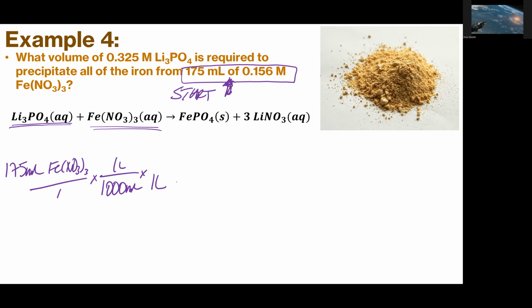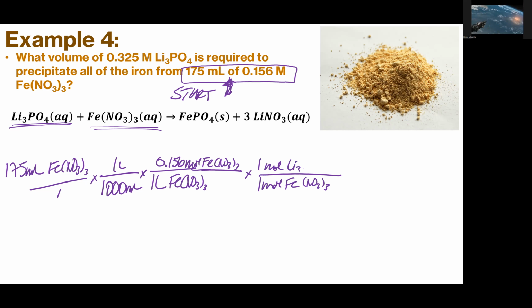Our concentration tells us that 1 liter of iron 3 nitrate is 0.156 moles of iron 3 nitrate. Okay. Our reaction tells us that 1 mole of iron 3 nitrate needs 1 mole of lithium phosphate.